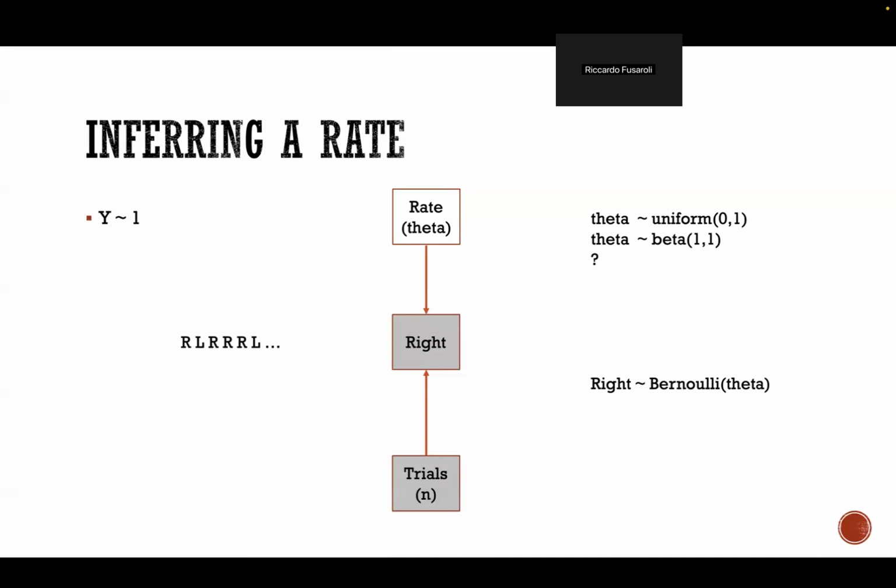We could also put something else. They gave you a hint before. That's usually what we do when we run logistic regressions. We can put a normal distribution with a mean of 0 and a standard deviation of 1, and then pass it through the inverse logit, so turning it from a log-odds space to a probability space.